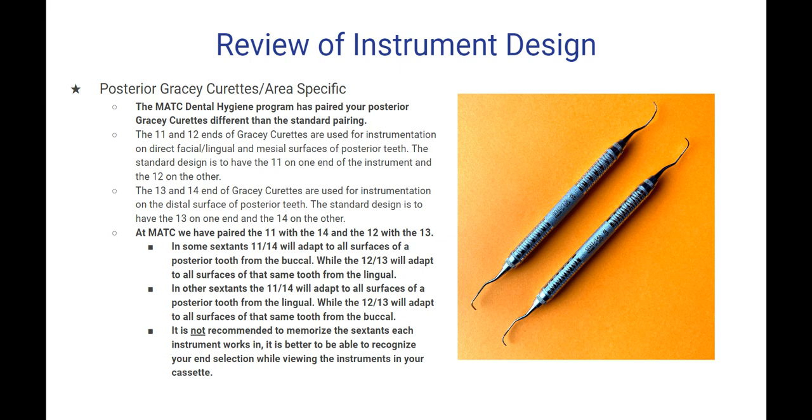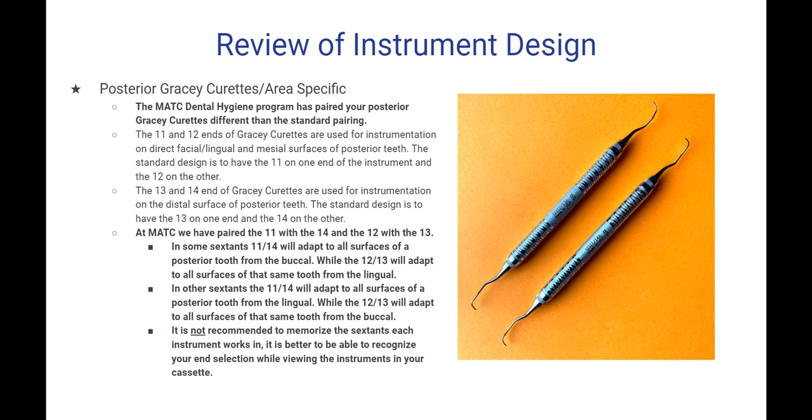At MATC, we have paired the 11 with the 14 and the 12 with the 13. In some sextants, the 11-14 will adapt to all surfaces of the posterior tooth from the buccal, while the 12-13 will adapt to all surfaces of that same tooth from the lingual.